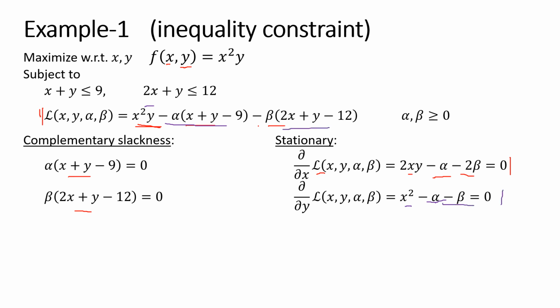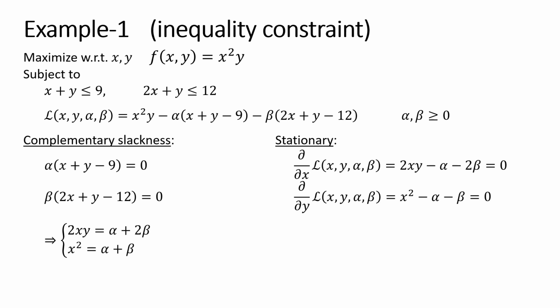So that's equal to 0. So these are the two stationary conditions, and these we need to retain. Twice xy equals alpha plus twice beta, and x squared equals alpha plus beta. We won't need the complementary slackness conditions in this little example.